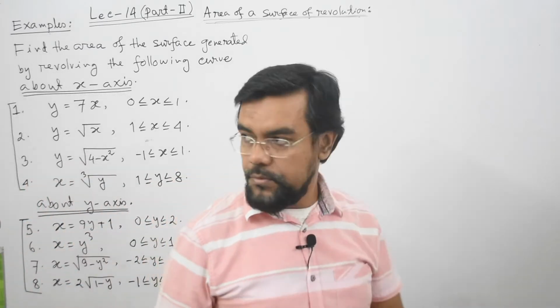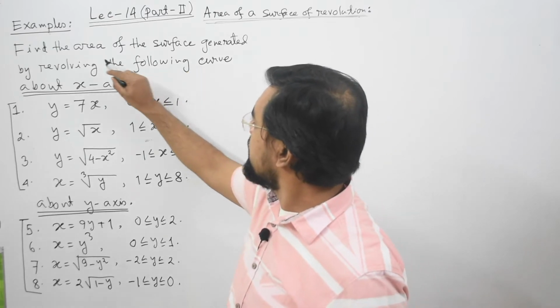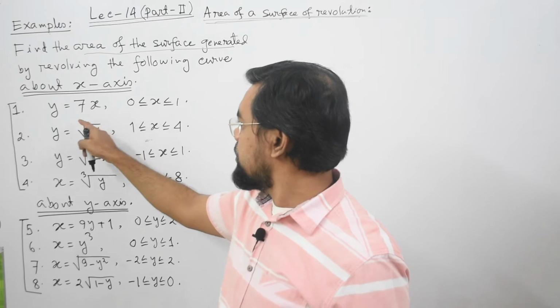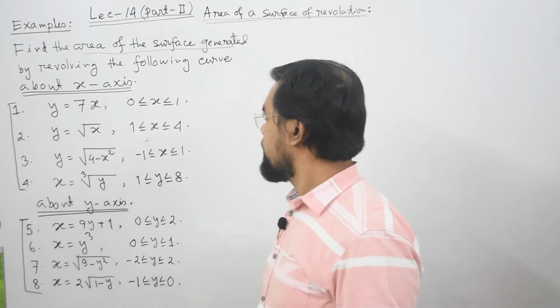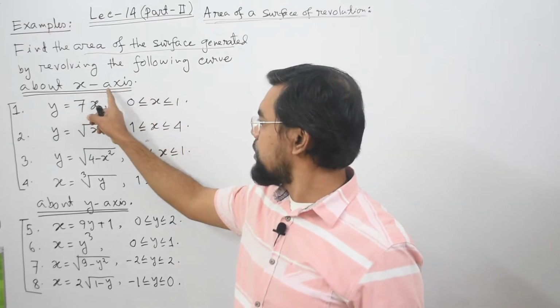So let us try to calculate the area of the surface that is generated by revolving this curve from 0 to 1, and you need to revolve about x-axis.